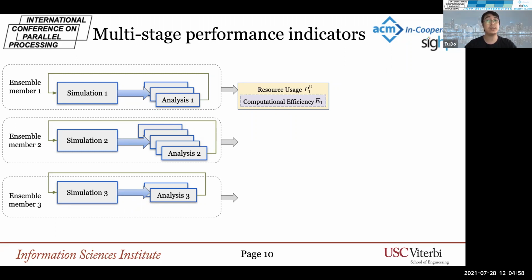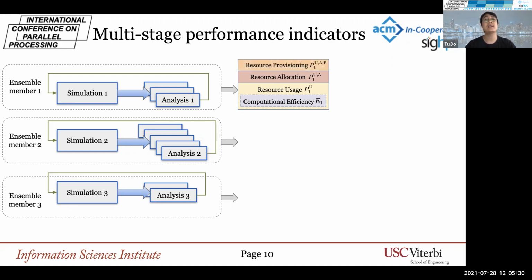Resource usage at the first stage characterizes how efficiently the resource is utilized for the execution of the ensemble members. After that, we add on top of the performance indicators another layer to represent the resource allocation. Resource allocation characterizes the efficiency of how the ensemble components are located on the set of compute nodes allocated for the ensemble members.